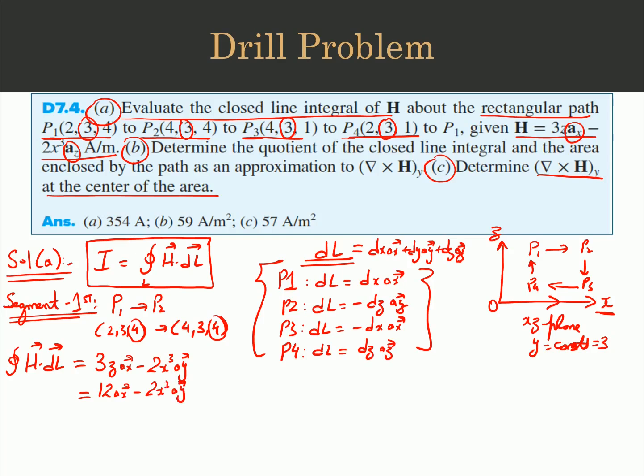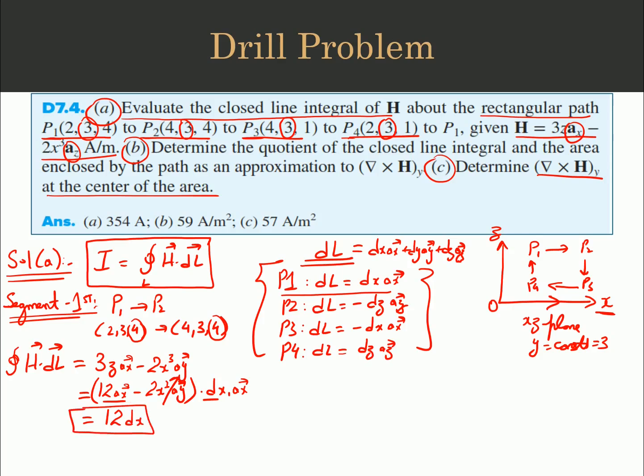Now what is H dot dL? This is the value of H, and you multiply it with dL for path 1, which is dx a_x. So the a_x component remains, and the a_y component cancels out because the dot product is 0. So I will have 12 dx. So this is the H dot dL.